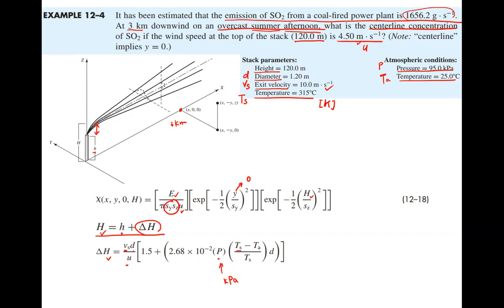The spread actually gets wider and larger as you go downwind. At the beginning it may be just a few meters, but at, let's say, 5 kilometers downwind, it's going to be larger. So Sy and Sz are going to increase with X.